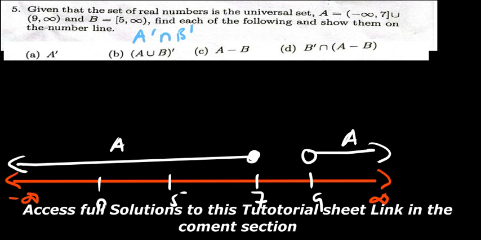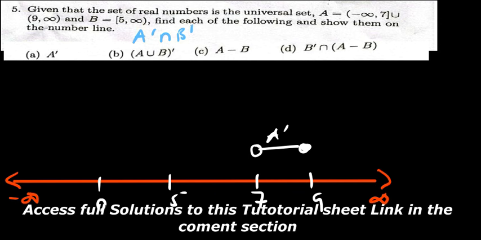Then in fact we just want A complement. So in these ones I'm not interested in these, I just want A complement. A complement, we said, starts from 7; since 7 is included in A, it is not included in the complement, then 9 has to be included. We said that is A complement.